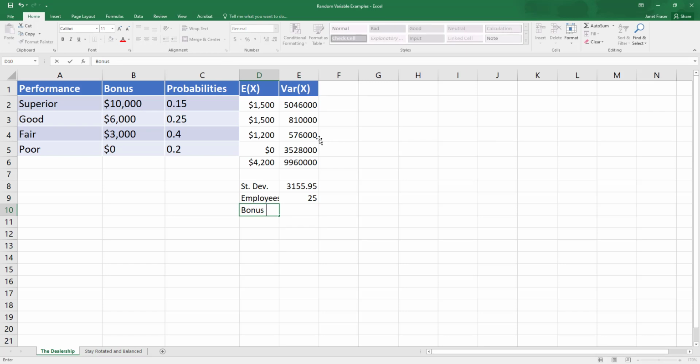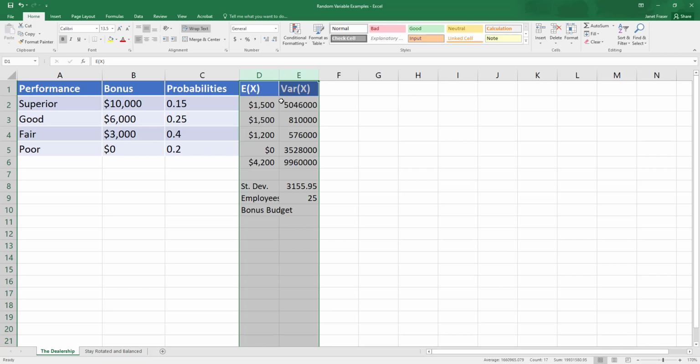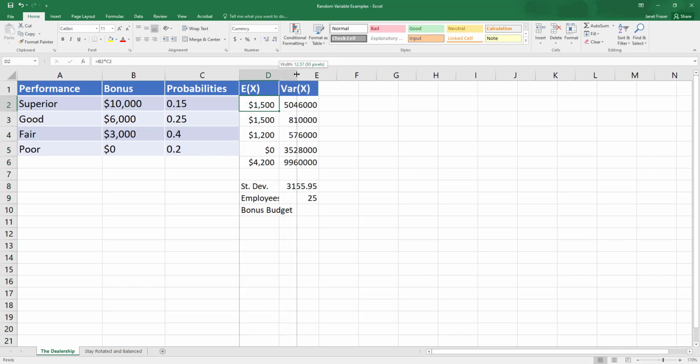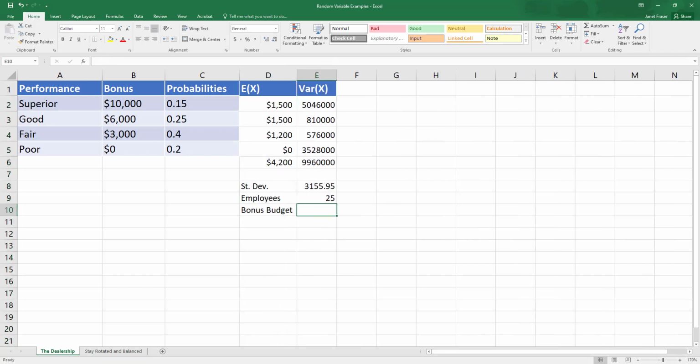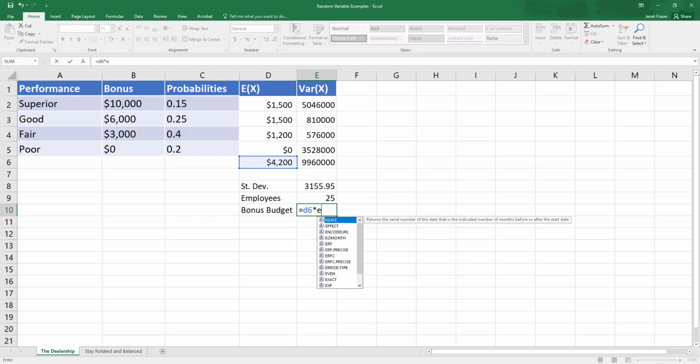So we'll call this the bonus budget. I'll just make that a little bit wider so it's easier to see. And our bonus budget is going to be D6 multiplied by E9.